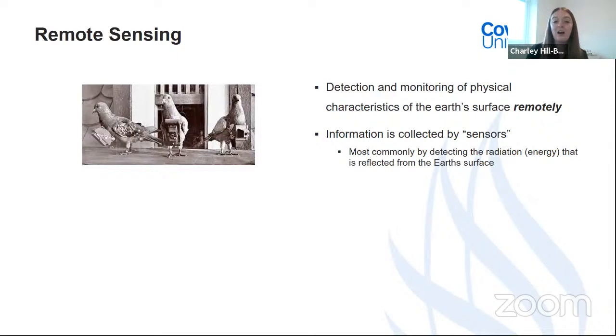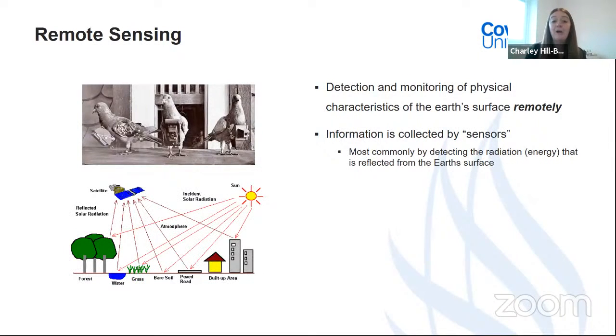But these sensors are quite advanced. They do provide an image like a camera would, but that image contains information. We can break down the information that's contained within this image to understand what's happening at our Earth's surface. And that's based on how we detect the information.